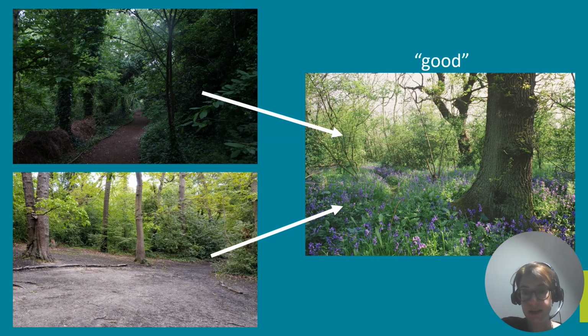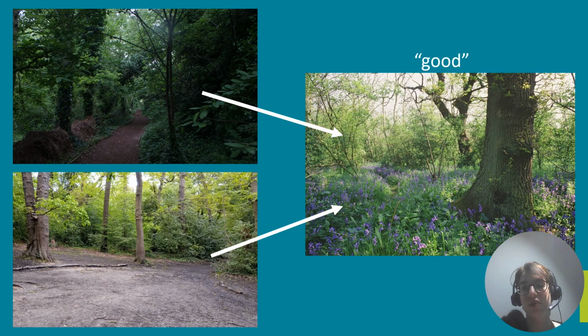There is light reaching the ground, as you can see, but you still have a shrub layer. So you have some shrubs and some trees. And if you look closely, you can see some saplings of trees. So you have the different layers of vegetation, light reaching the ground. This is a good example of a good condition woodland.